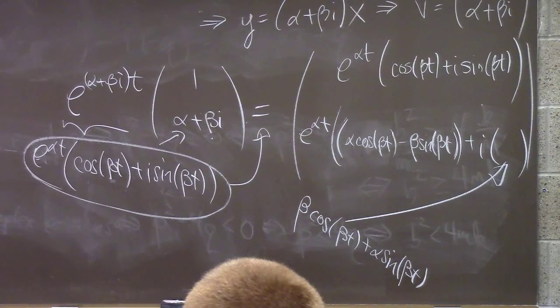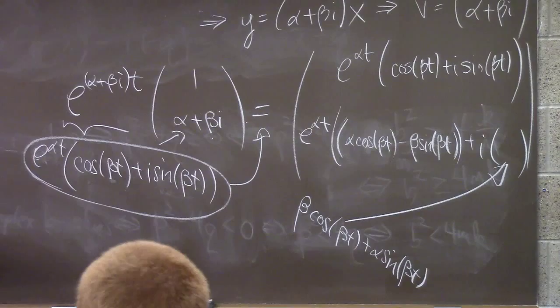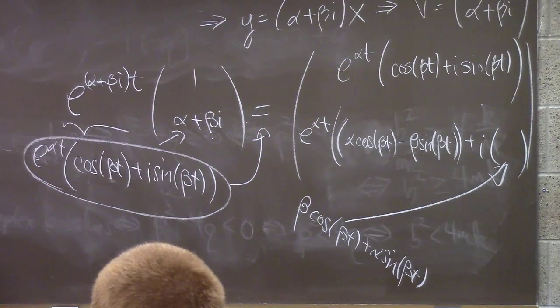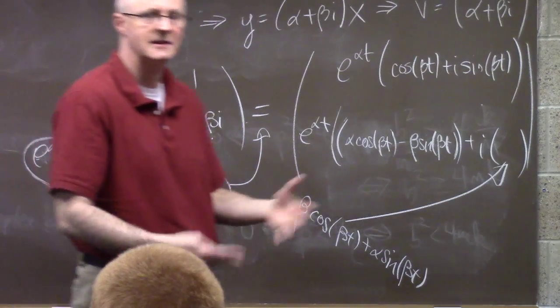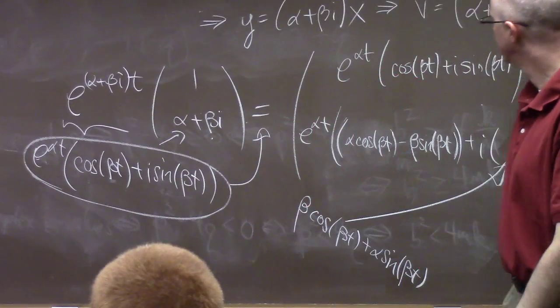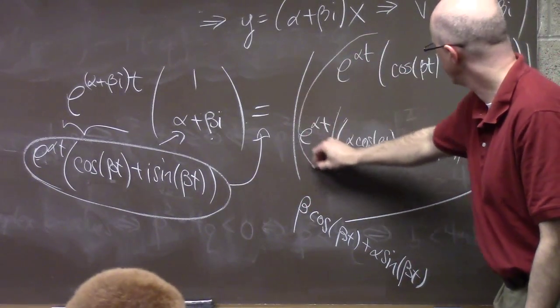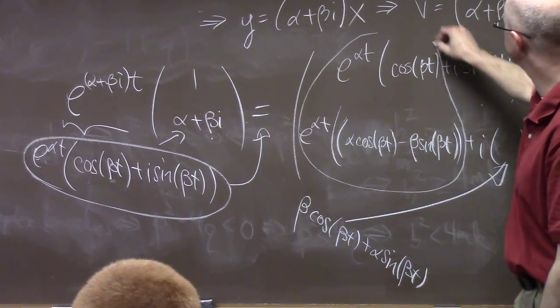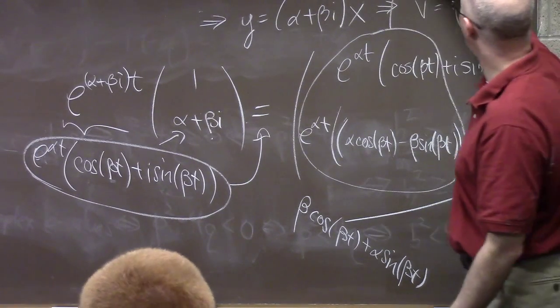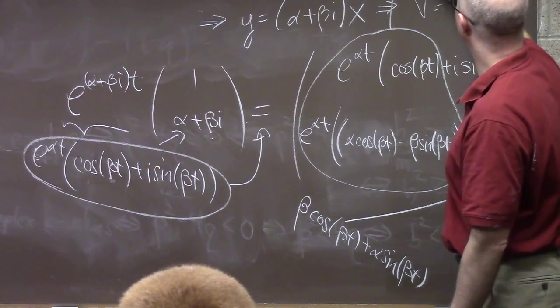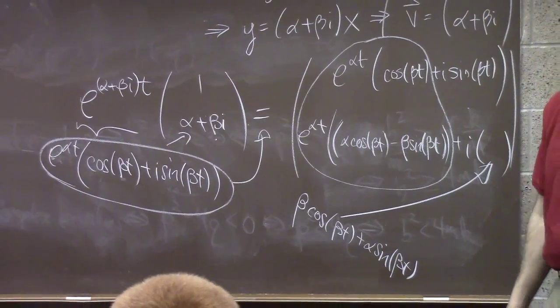Easy to make mistakes. I'm worried that I made a mistake. Hopefully I haven't. I think I won't bother writing the rest, but again, I'll just remind you how to think about it. If you were now to find the general solution in this general case, you'd want to separate the real and imaginary parts. You'd want to think of this as being capital Y sub RE for real part.